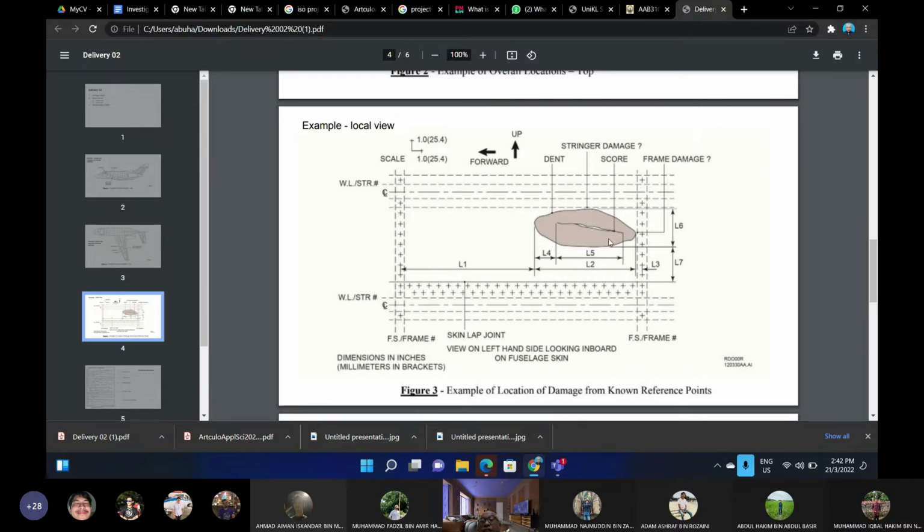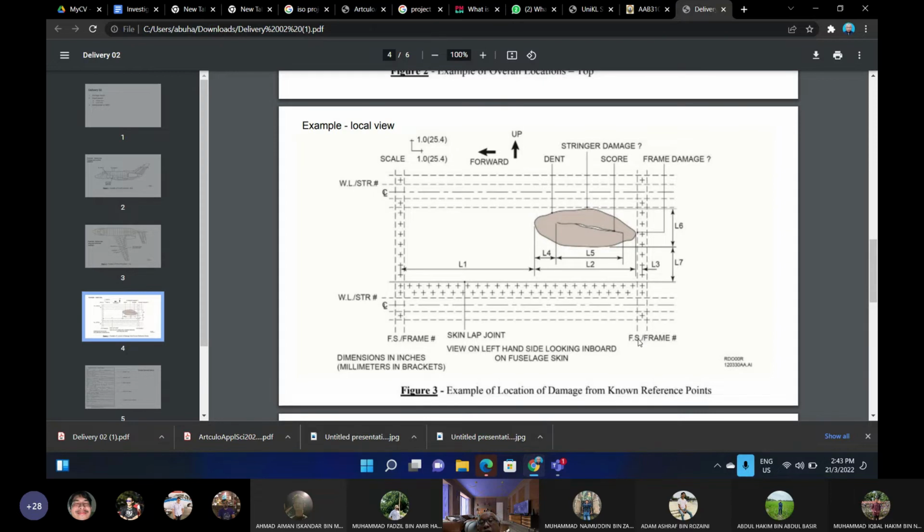Then you have to find the nearest location of the body station or wing ribs, and then you put the dimension, how many inches of the crack to the nearest station.